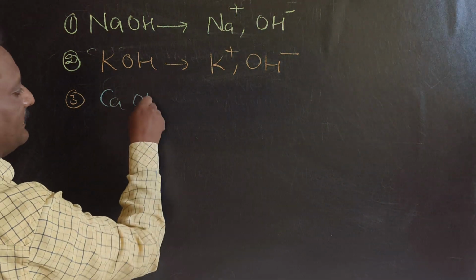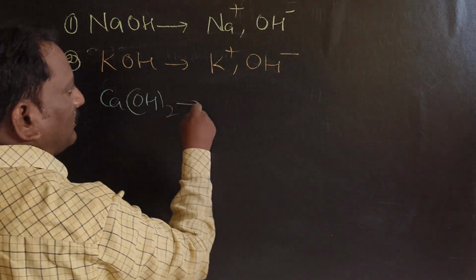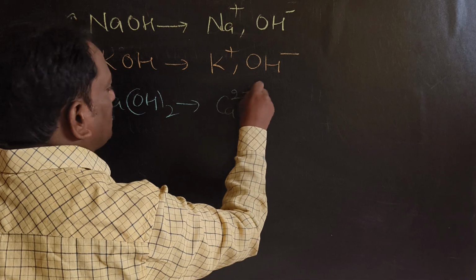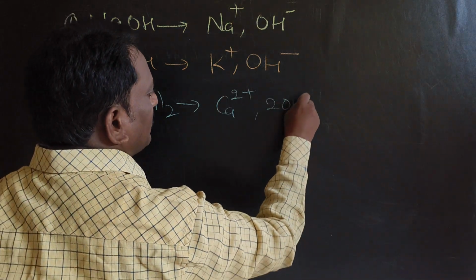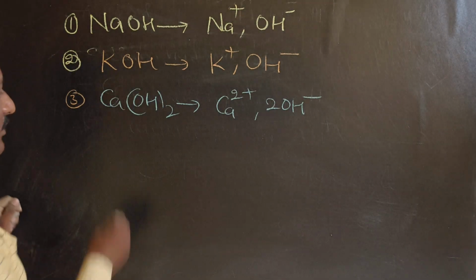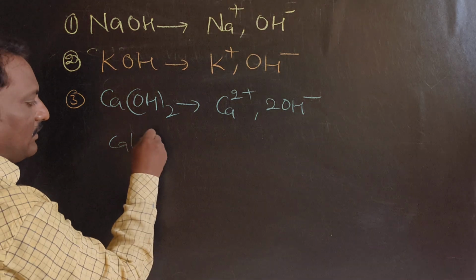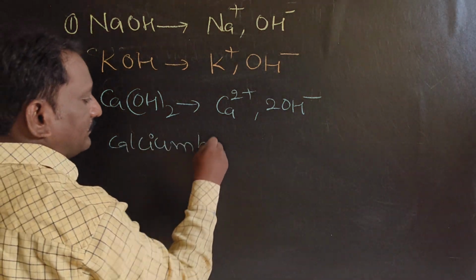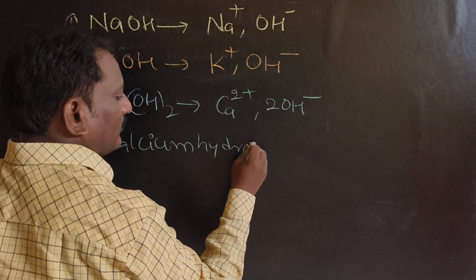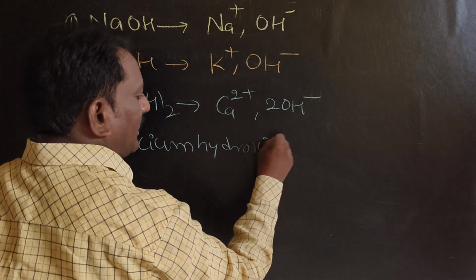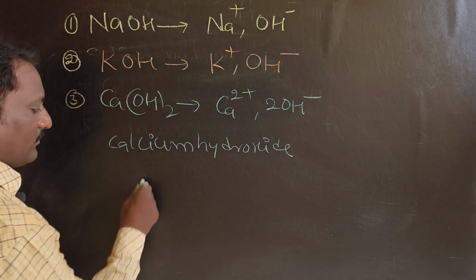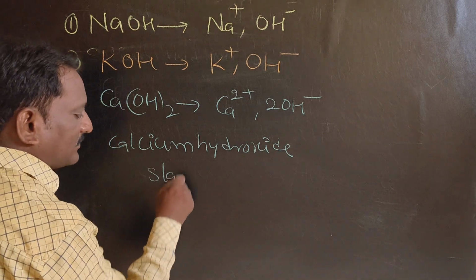Next one, third one, calcium hydroxide, Ca2 plus and 2OH minus ions. Calcium hydroxide is also called slaked lime.